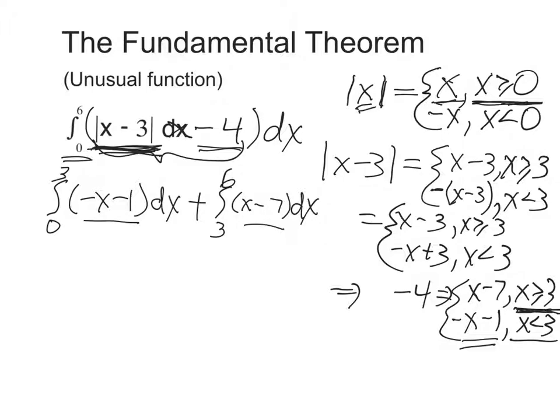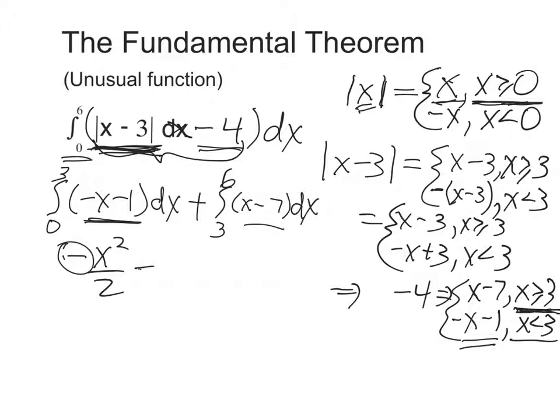The fundamental theorem says all we need to find is the antiderivative of the function and then plug in our integration limits. So this first part, we would get what? Negative 1 times x, antiderivative of x would be x squared over 2, but don't lose the negative out in front.